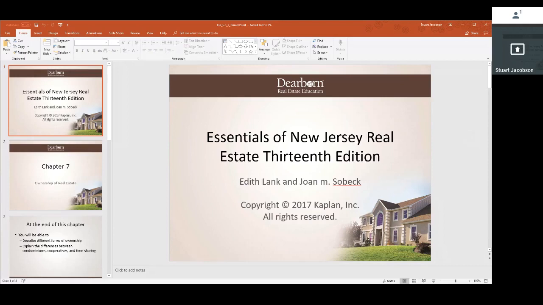We're not there yet, so let's continue talking about tenancy in common. Tenancy in common allows for unequal ownership in the property. Let's say I have a business partner. He goes 70% in on the amount that we paid for the home, I go 30. We can own the property 70-30.